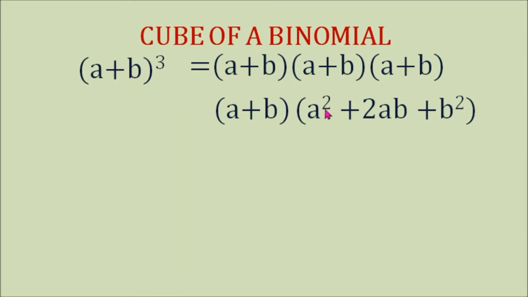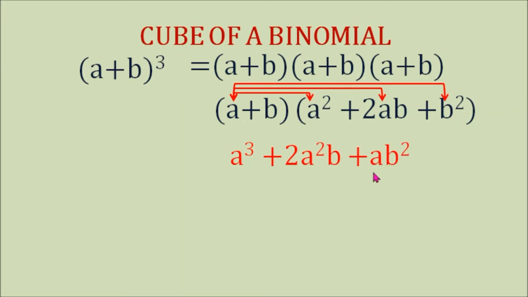That's a times a squared, that's a cubed, a times 2ab, that's 2a squared b, then a times b squared, that's ab squared. Then b times a squared equals a squared b, and I write a squared b here because these two terms are similar.